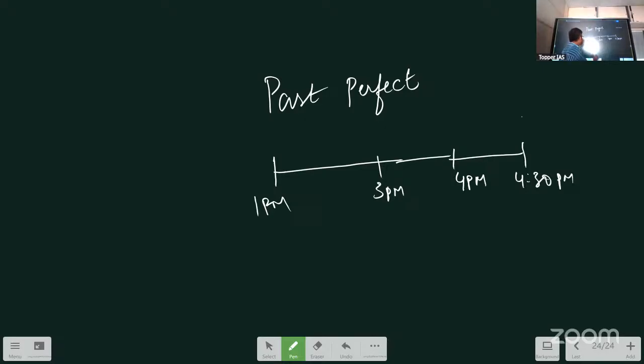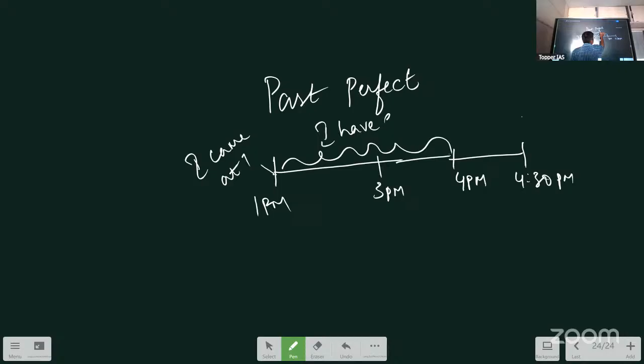Okay, so ಇಲ್ಲಿ ನಾನೇನ್ ಹೇಳ್ತೀನಿ, I came at 1. Now once ನಾನು ಇಲ್ಲಿ ಬಂದ ಮೇಲೆ I will say I have come. ನಾನು ಬಂದೆ, ಎಲ್ಲಿವರೆಗೂ I keep telling ಇಲ್ಲಿವರೆಗೂ I have come.